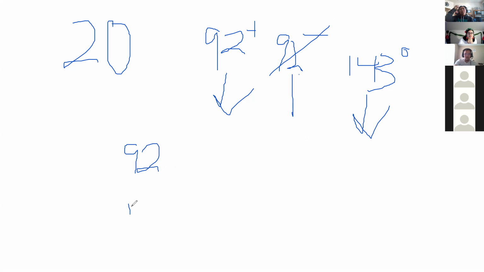So what else do we include for the atomic mass? Hint, it's one of the three numbers on the whiteboard, and we already crossed out one of them.